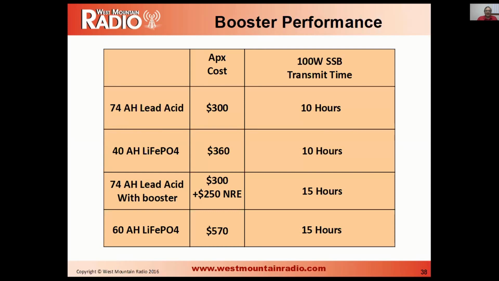If you take the lead acid battery, 74 amp hours, with the battery booster, you're going to get 15 hours of talk time out of it, and the price is going to be around $550 the first time. But then as you keep buying batteries, it's just going to be $300 from that point on. The equivalent would be a 60 amp hour lithium battery, which is around $570 to get the same 15 hours.